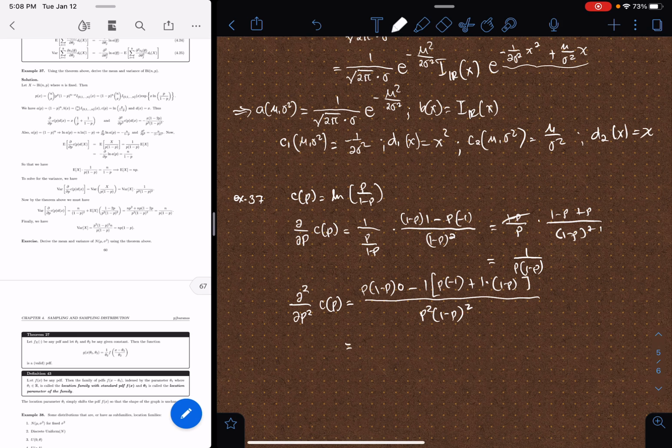So that's 0. So that's the negative of negative P plus 1 minus P, so that will be the negative of 1 minus 2P, tama? Over P squared 1 minus P squared.